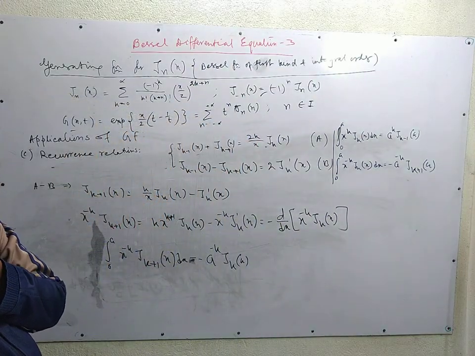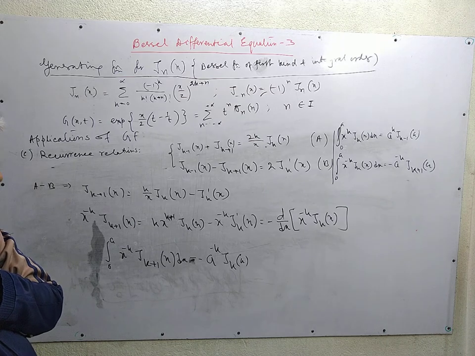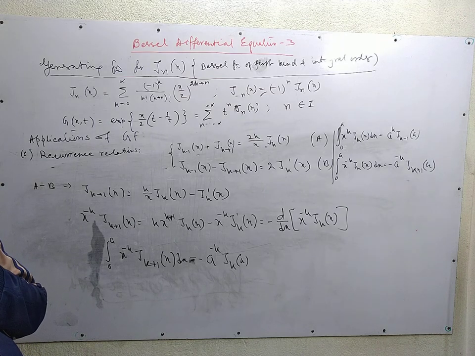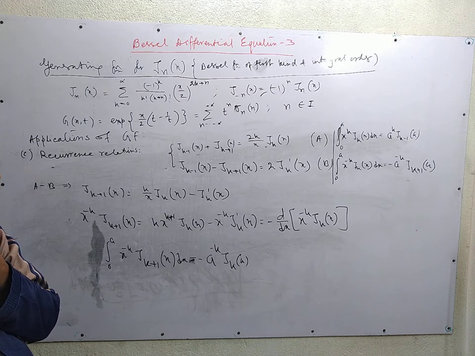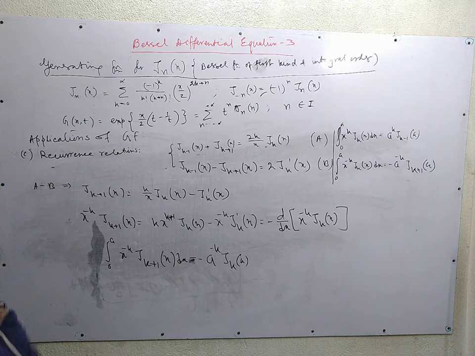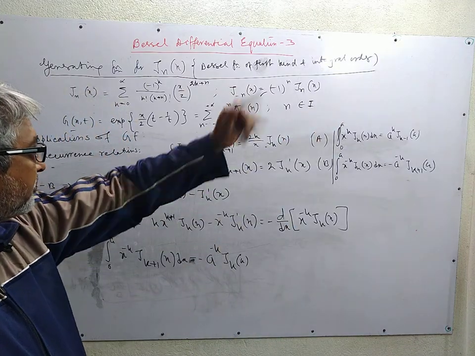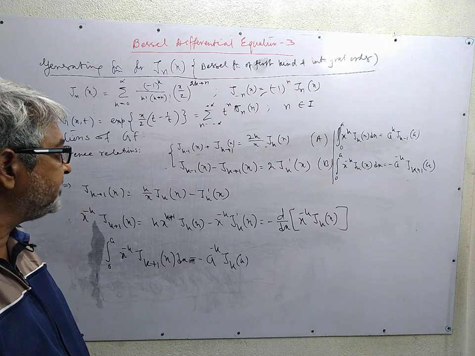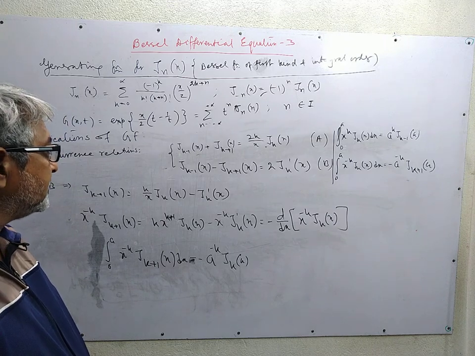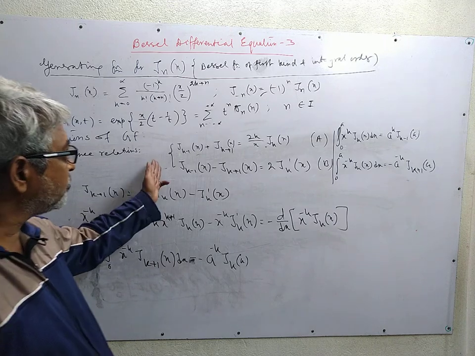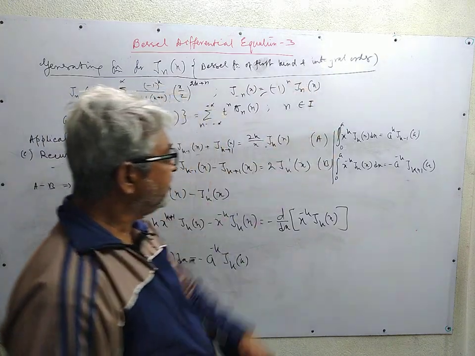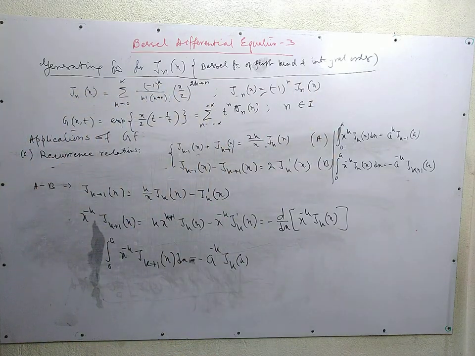But in the next class, we shall derive the same relations from the series expansion of the Bessel function of any arbitrary order, not necessarily integral, and we shall arrive at all these relations where k is replaced by alpha, which can be an integer or non-integer as well. We shall show that these relations are valid even for non-integral order of Bessel functions. That will be our topic of discussion in the next class.